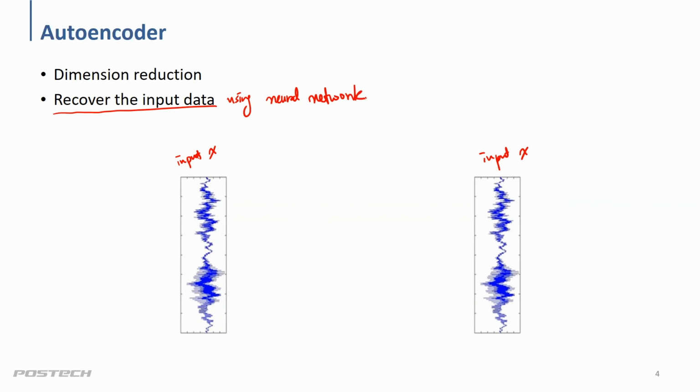What kind of structure can you think of to recover the input data? Say this is X1 and so on, and you can think of these as neurons.